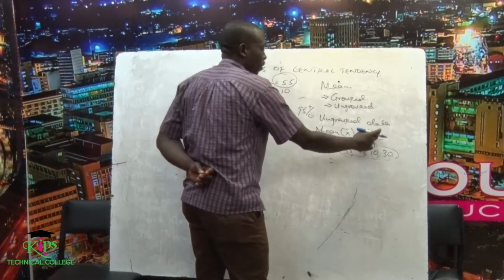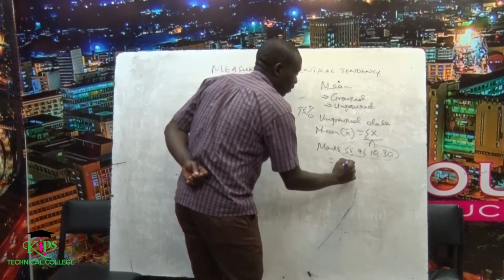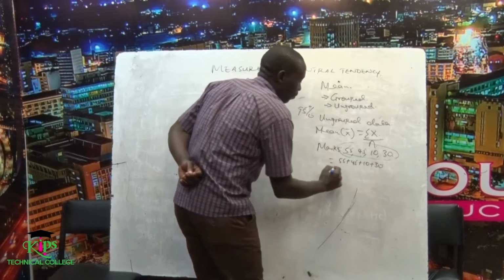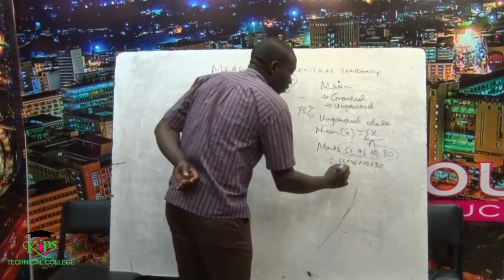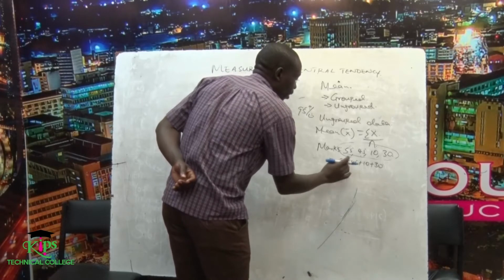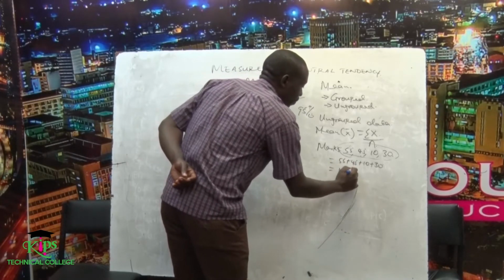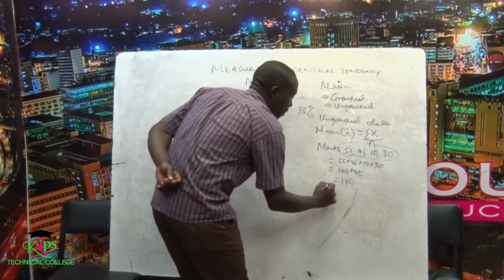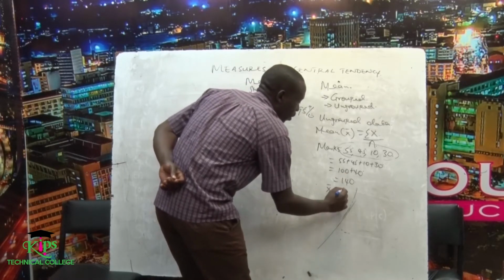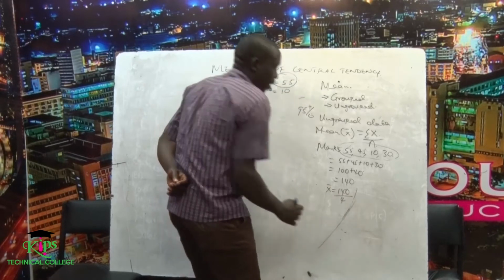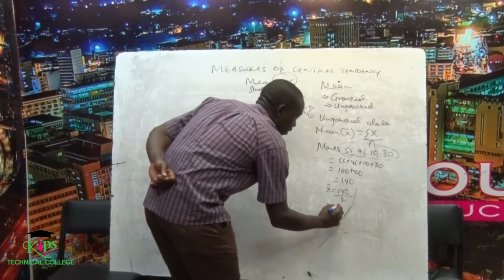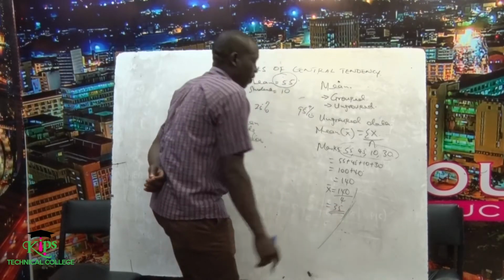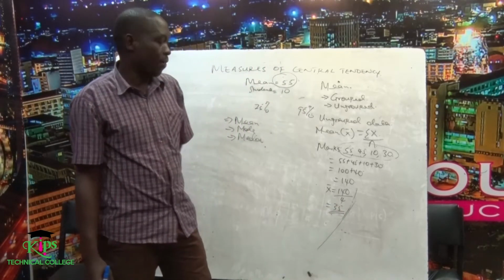So we sum them: 55 plus 45 plus 10 plus 30. In total, this will be 100 plus 40, which is 140. So the mean, x bar, would be 140 divided by 4. You will find that the mean is going to be 35.